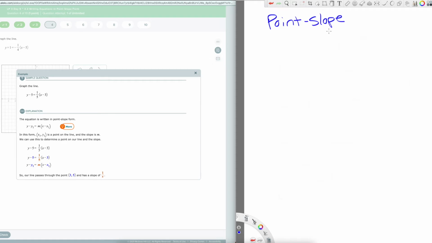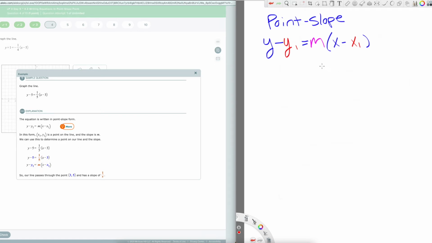So we have y minus y1 equals m, and I'll do m in pink, times x minus x1. Okay, so here is our equation, and I did the color coding a little different than theirs. They did it blue and red, but that's okay.